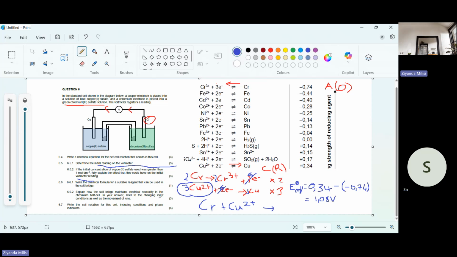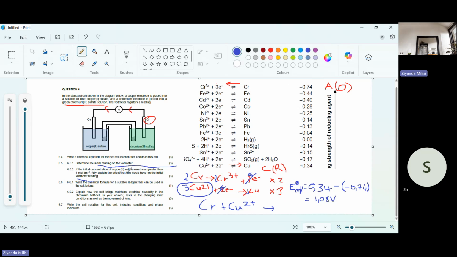All right, now this question is saying the initial concentration of copper sulfate used was greater than 1 mole. If it was greater than 1 mole, now the concentration is increased here.